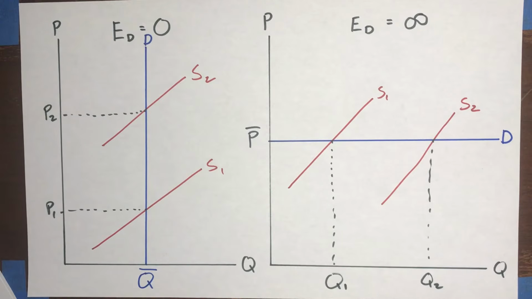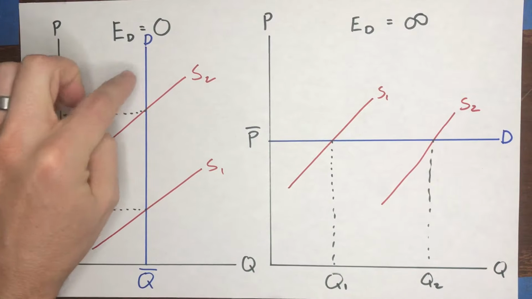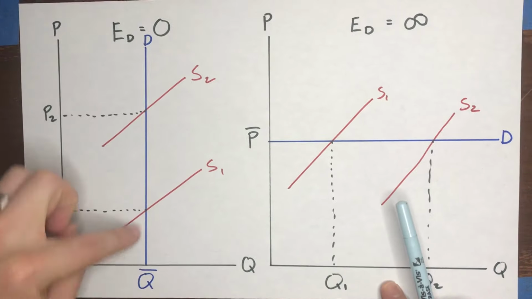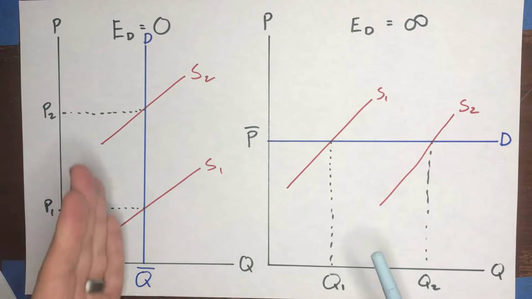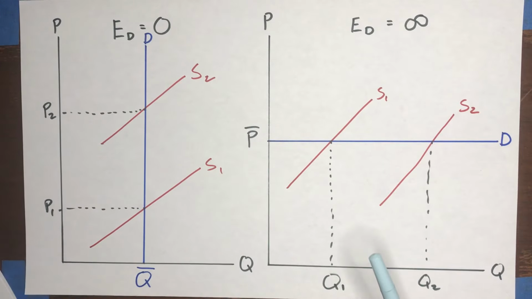A quick practical question is, do these two different types of demand curves actually exist? In the case of perfectly inelastic demand, at least perfectly inelastic across all prices, the answer is no, or at least probably not. It's very difficult to think of an example where consumers would not change their behavior at all, no matter how high you cranked up the price. And the reason for that, first of all, is people don't have unlimited budgets. And also there's almost always some way that they can reduce, at least by some amount, their consumption of a product.